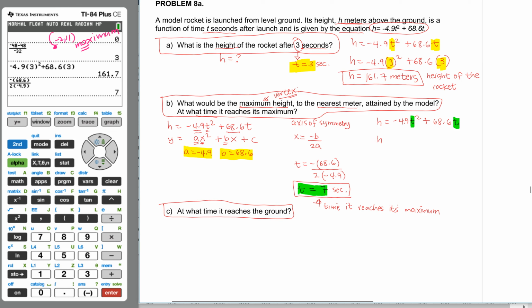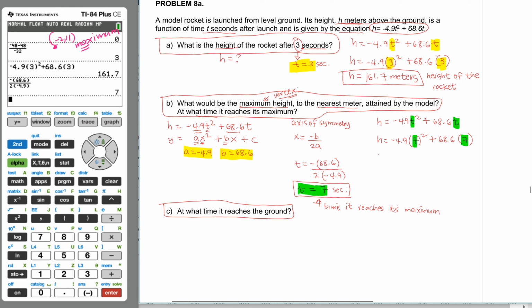So we have h equals negative 4.9 times 7 squared plus 68.6 times 7. I'm just showing that I plug in this one and that one.